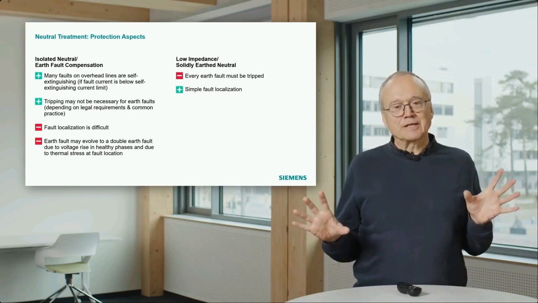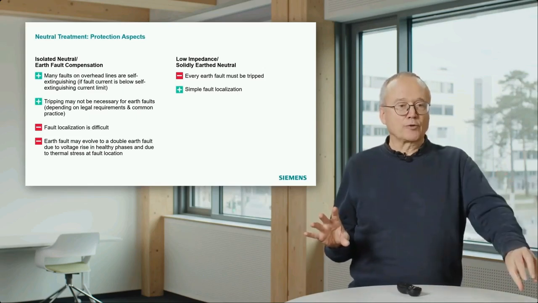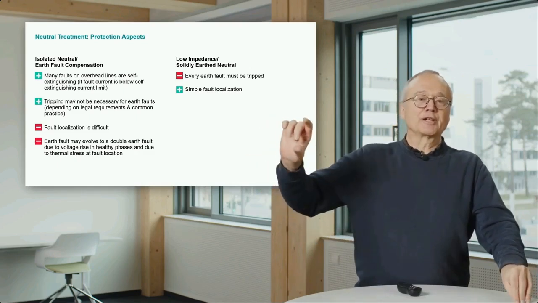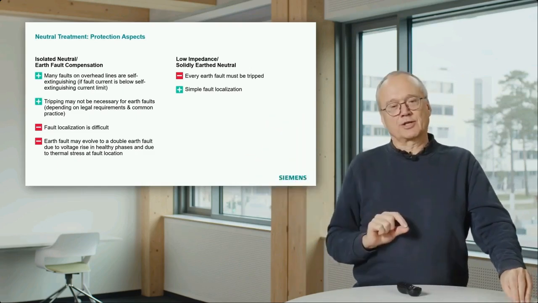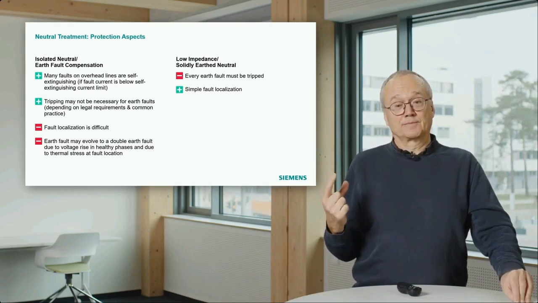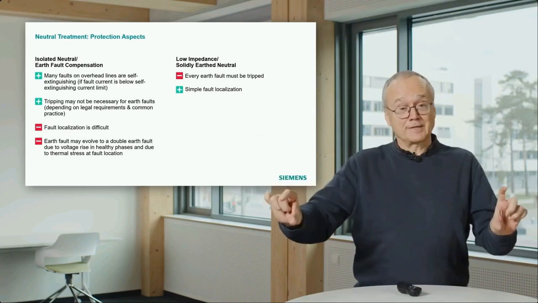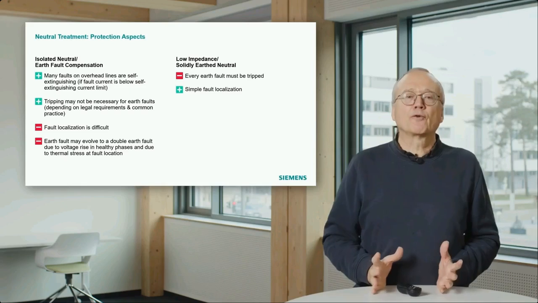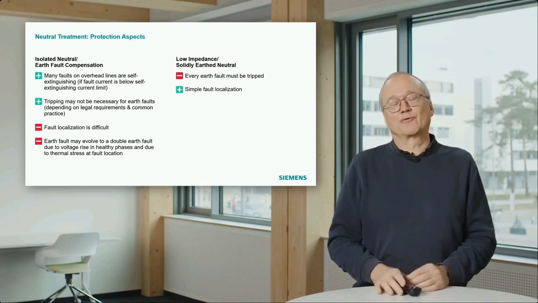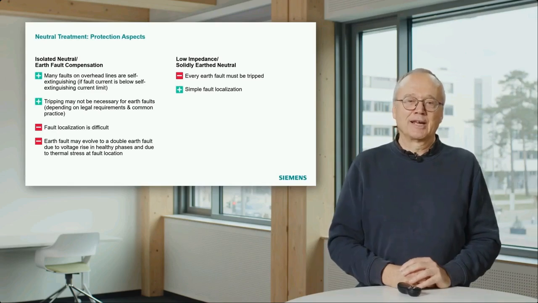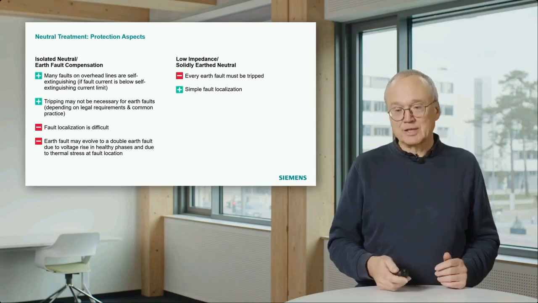And then you have a difficult situation. You have one earth fault here, and you have another earth fault in another phase at another location. And that is then now a short circuit. Because if two phases are affected, you have then higher currents flowing. And this type of fault is called cross-country fault. And the detection of cross-country faults is sometimes a bit a challenge for the protection engineers.